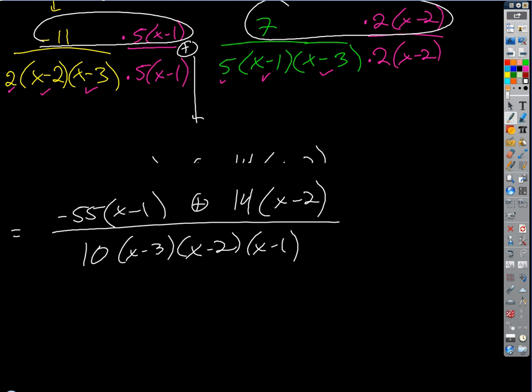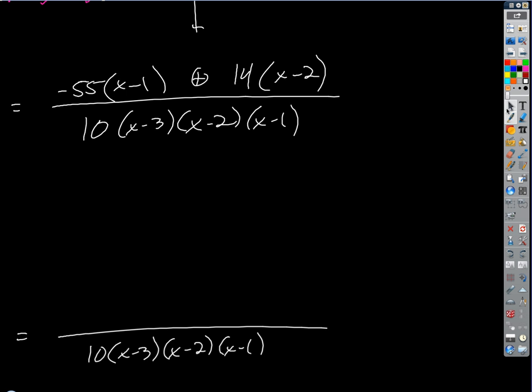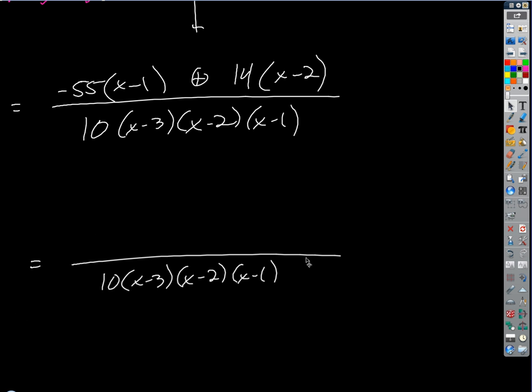So all I've got to do then, at this point, is just simplify the top, right? So what's that give me if I simplify the top here? If I distribute, isn't this whole part right here just going to be negative 55x plus 55? Would you agree? How about over here?